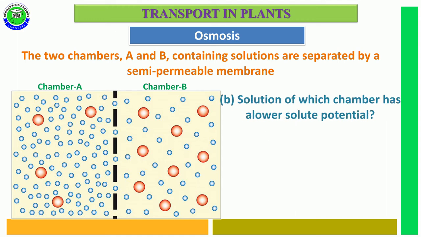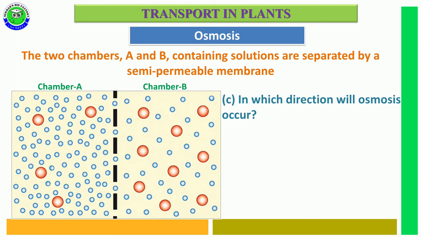The solution of which chamber has lower solute potential? Due to having more solute particles, the solute potential, or moving ability of solute particles, is decreased, so chamber B has lower solute potential. In which direction does the osmosis process occur?